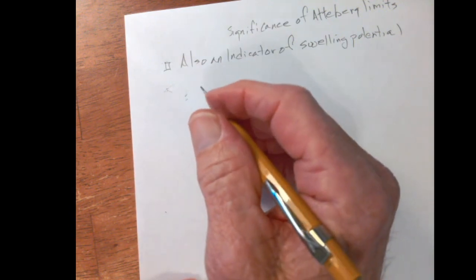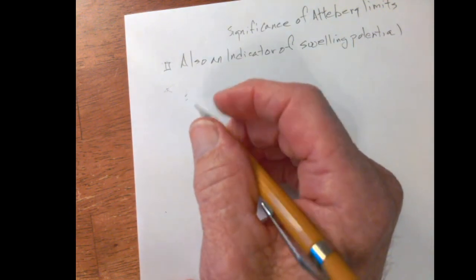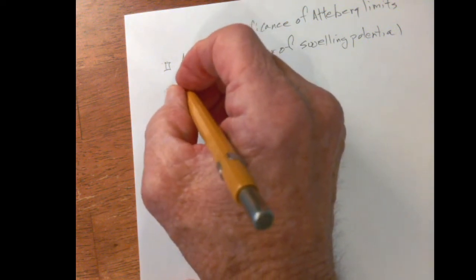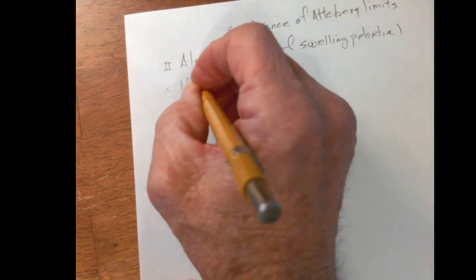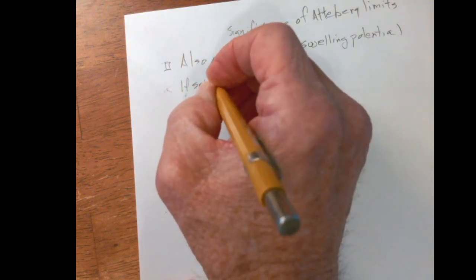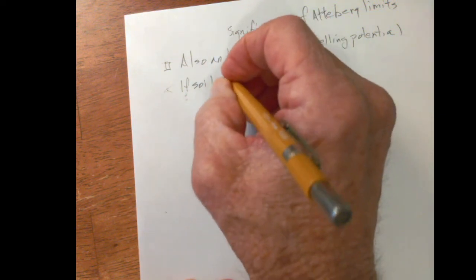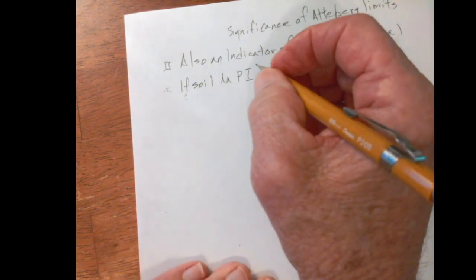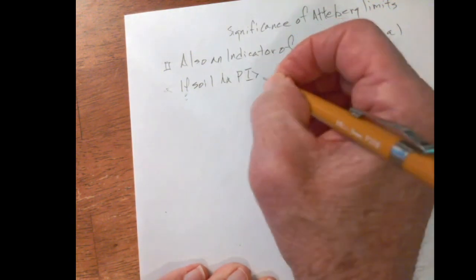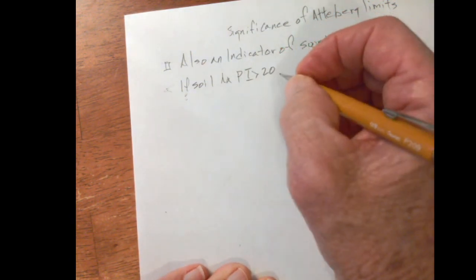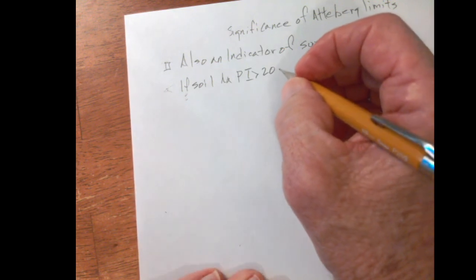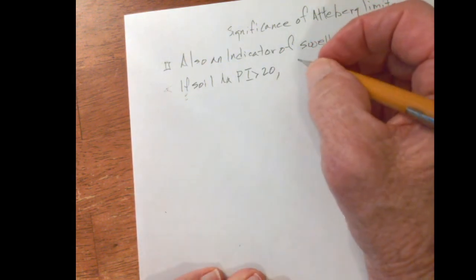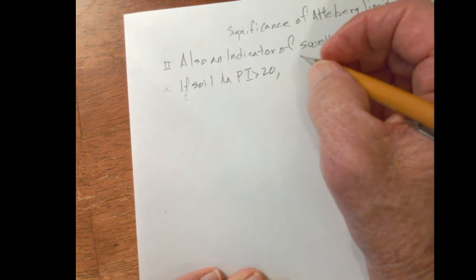If the soil has a PI, a plasticity index, greater than 20, then you probably have a soil prone to shrinking.